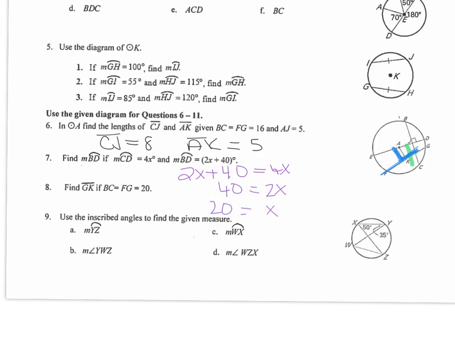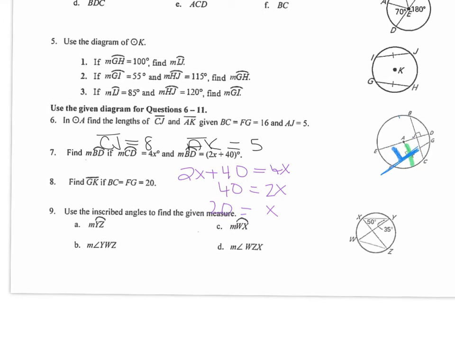Would have been helpful if that had moved, but all right. Number 9, it says, use the inscribed angles to find the given information. So I want to find y, z, and angles. So I'm just not going to look at this information. I'm going to go over to my picture first. So I'm going to start with a number. That's 50. That's an inscribed angle, which means this arc over here is 100.